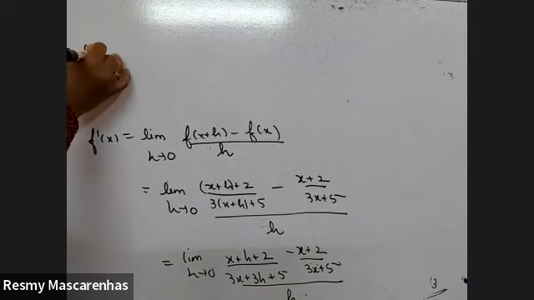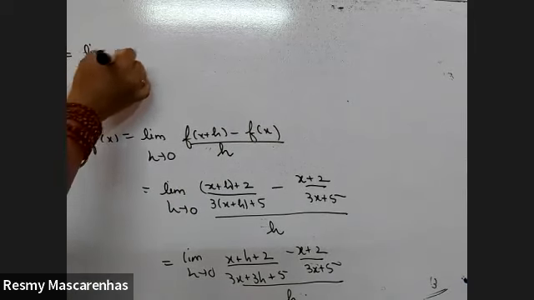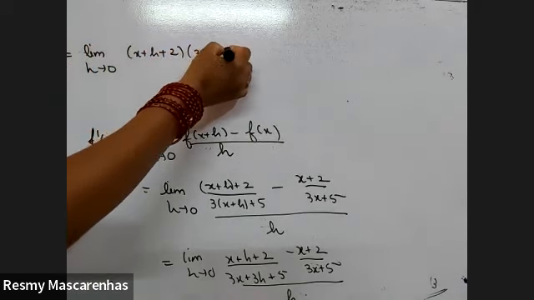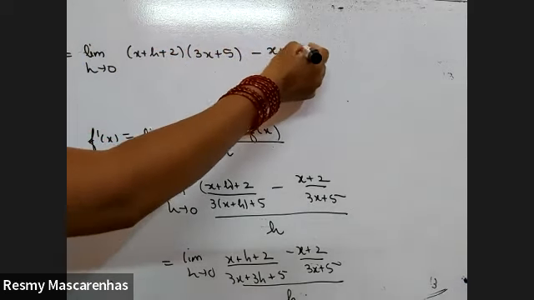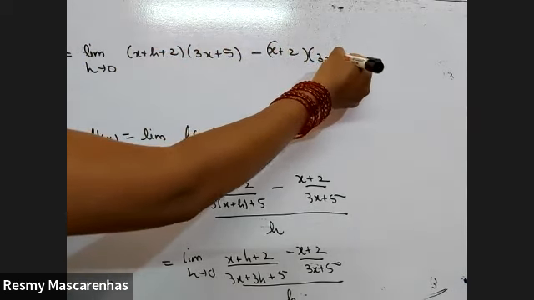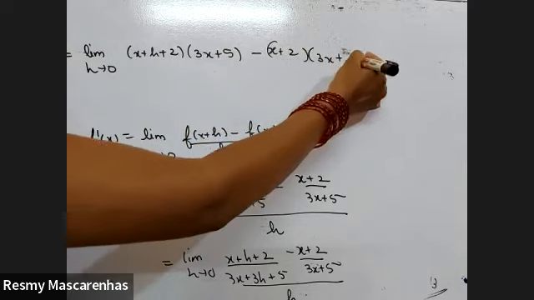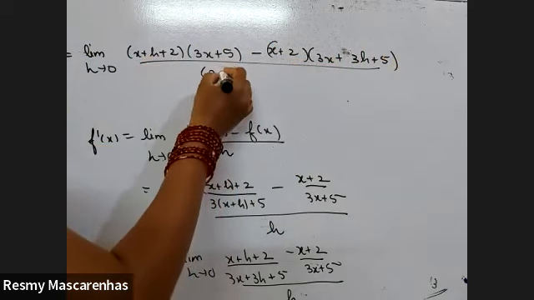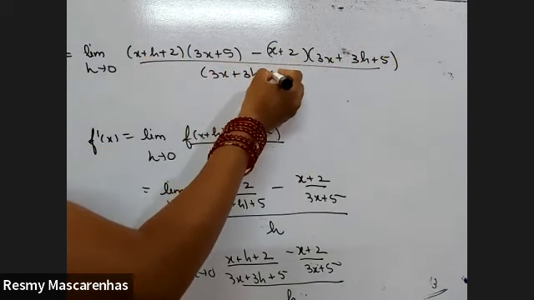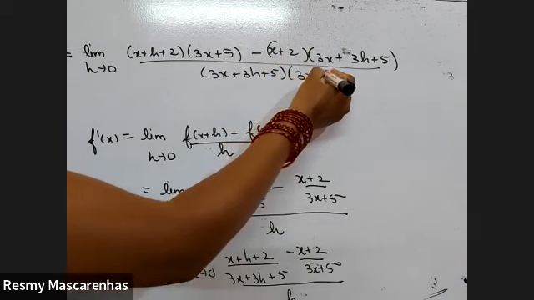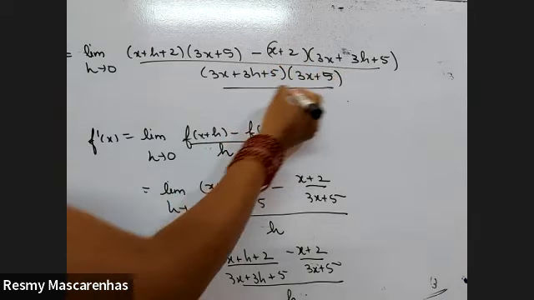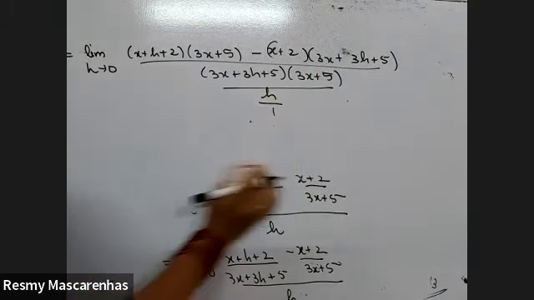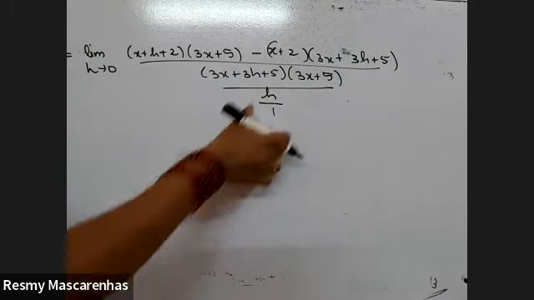It is equal to limit h tending to 0. If nothing is there, it's like h upon 1, and then this will get reversed.